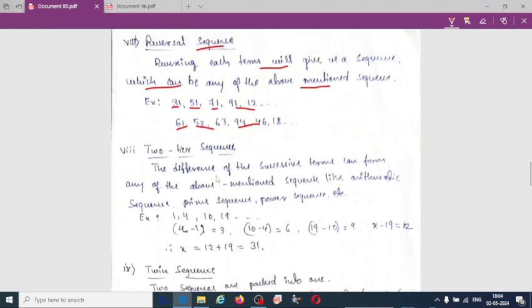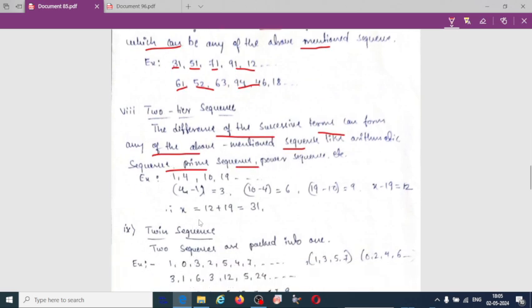2-tier sequence. So the difference of the successive terms can form any of the above mentioned sequences like arithmetic sequence, prime sequence or power sequence. 2-tier means, let us take the example 1, 4, 10, 19. 4 minus 1, 3. 10 minus 4, 6. 19 minus 10, 9.